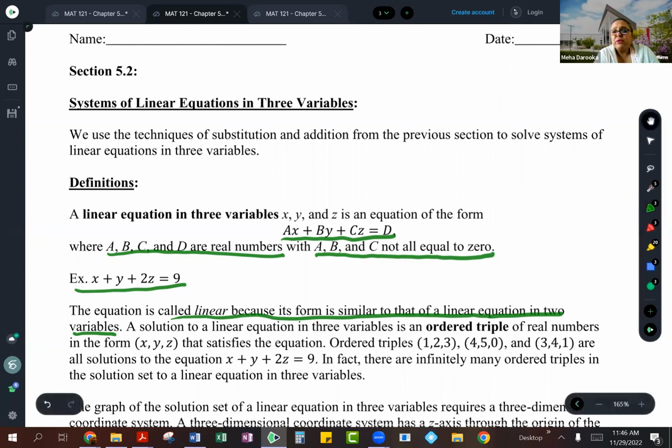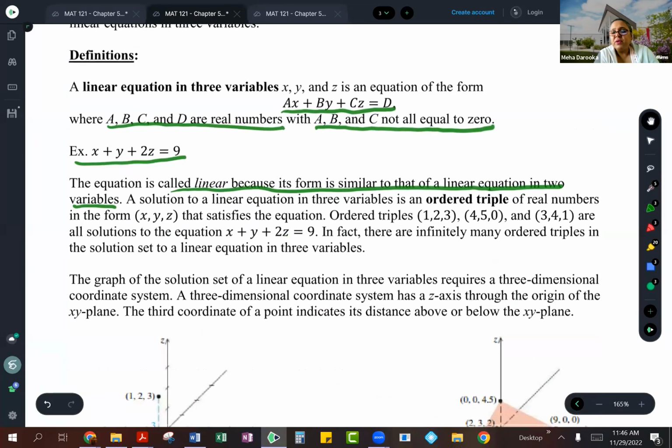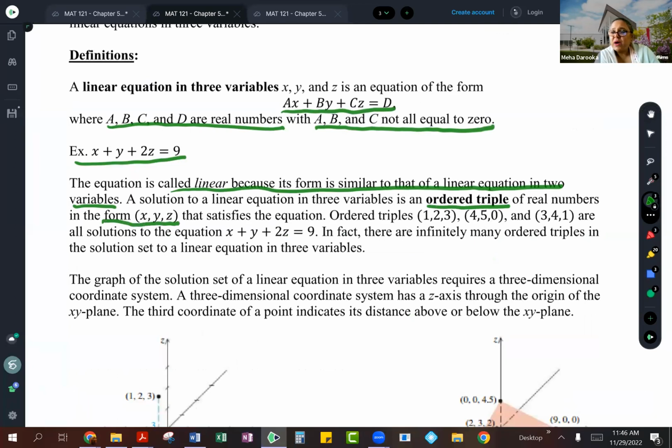Now, since you are looking at 3 unknown variables, instead of an ordered pair, you are actually going to have an ordered triple, which will have the form x, y, and z. So that's how we would write our solution sets, as these 3 numbers for x, y, and z, the same way as we write an ordered pair, but instead of a pair, you will have 3 numbers in there.